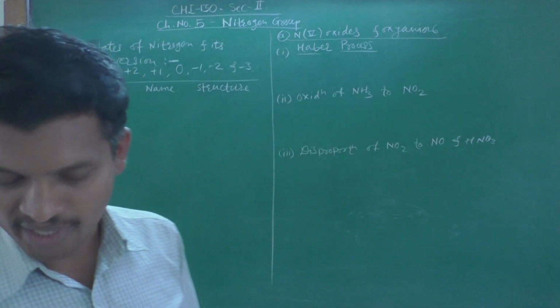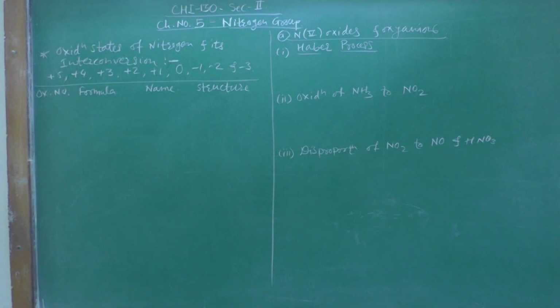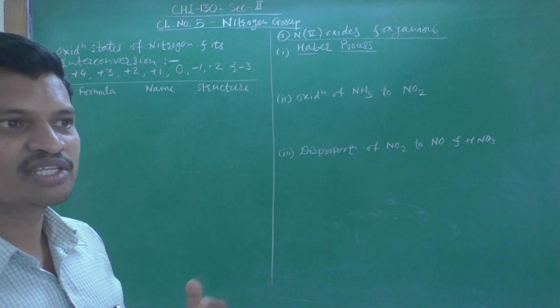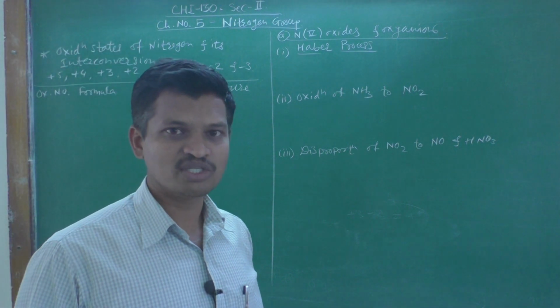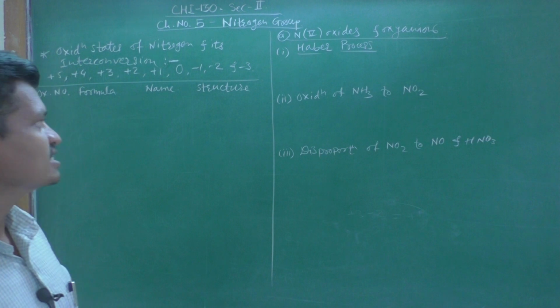So, let us look here at the different oxidation states of this nitrogen atom, then the name of the resulting oxide of nitrogen, its formula and its structure.